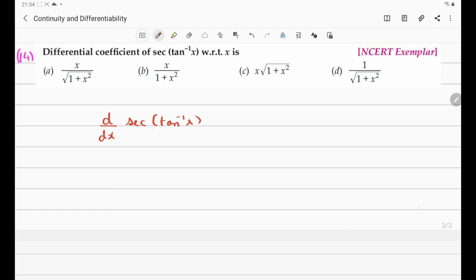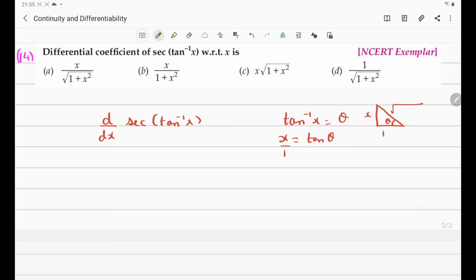In order to simplify this, we put tan inverse x equal to theta. Using the right angle triangle, taking this angle as theta, x is equal to tan theta. So x is the opposite side and 1 becomes the adjacent side.